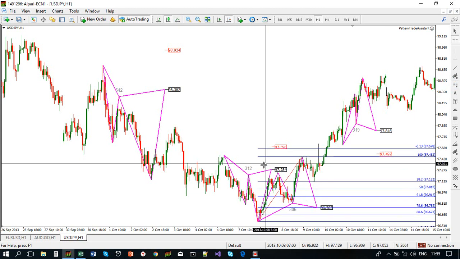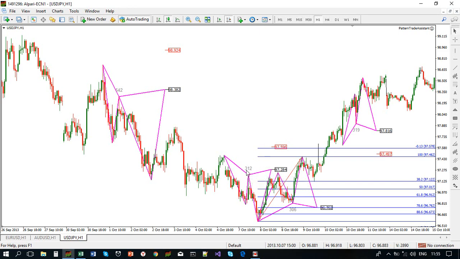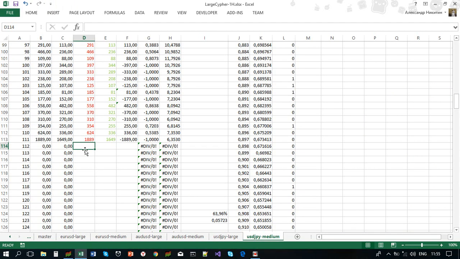Okay, that was a winner here. After the second test of your entry, it hit targets. 16.2, 31.2, 31.2, 16.2, and it equals a winner.